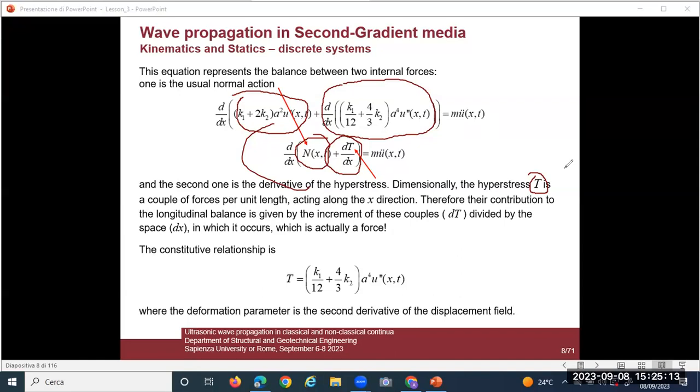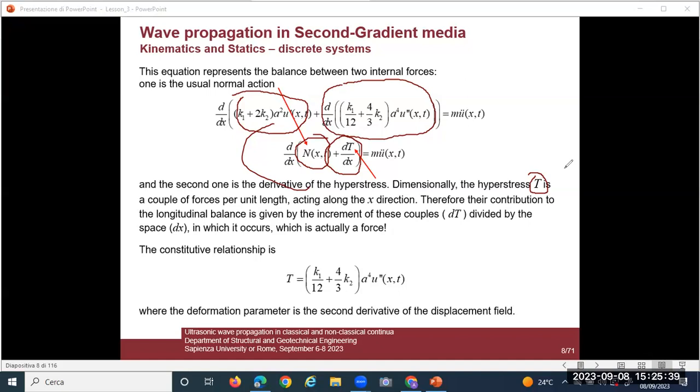Then I have made some drawing to show you what it's like in 3 dimensions, in this case, acting along the x direction. So it is actually a couple of forces in the one-dimensional case with 0 couple. It's a couple of forces, but acting on the same line.